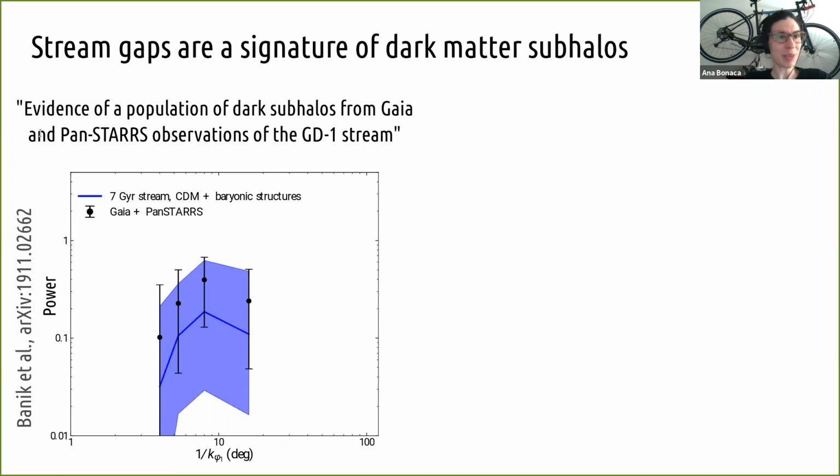So the title of that paper was Evidence of a Population of Dark Subhalos from Gaia and Pan-STARRS Observations of the GD1 Stream. So that was very exciting, which looks like statistically, some of those gaps should be caused by an encounter of a dark matter subhalo.